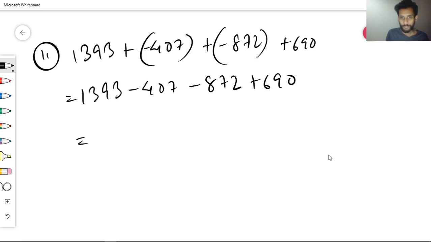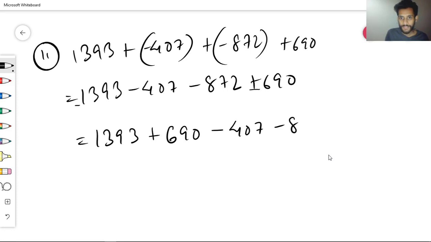So here, first of all, we will arrange the terms. Here it is plus, here it is plus, so we will bring the plus here. So 1393 plus 690 minus 407 minus 872. Okay, here we can use formula 1, here we can use formula 3.